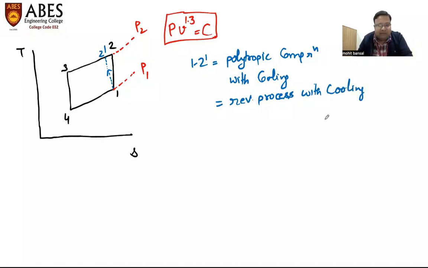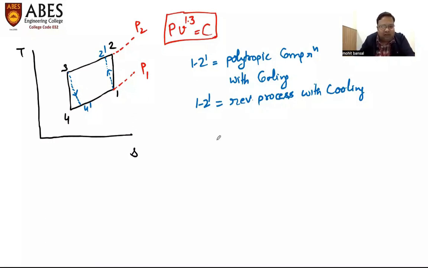This happens in the compressor, and for this cooling part, we provide water jackets outside the body of the compressor. So this process 1 to 2 dash can be achieved, and then the expansion in the expander will not be reversible adiabatic, rather it would be 3 to 4 dash polytropic expansion in the expander.